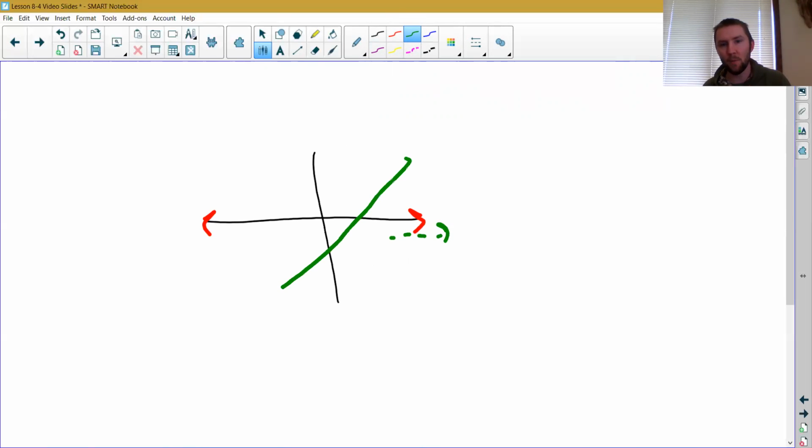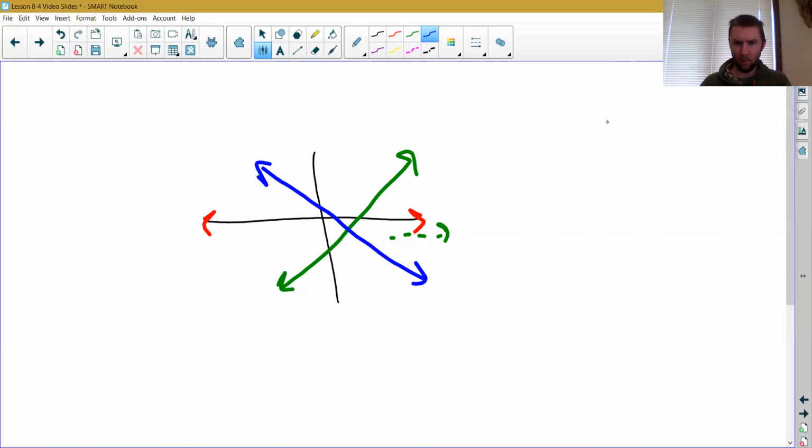So a positive sloped line looks something like this, going up. A negative sloped line, as the x is going forward in the positive direction, the y should actually be getting smaller or going towards the negative direction. So a negative sloped line would look something like this. Green is positive because as x is going up, y is going up. Blue is a negative slope because as x is going up, y is going down.